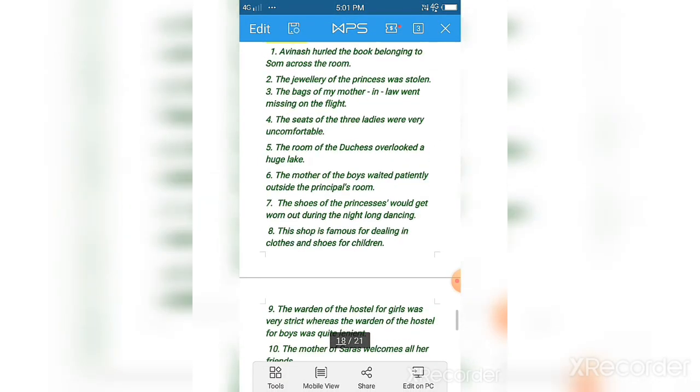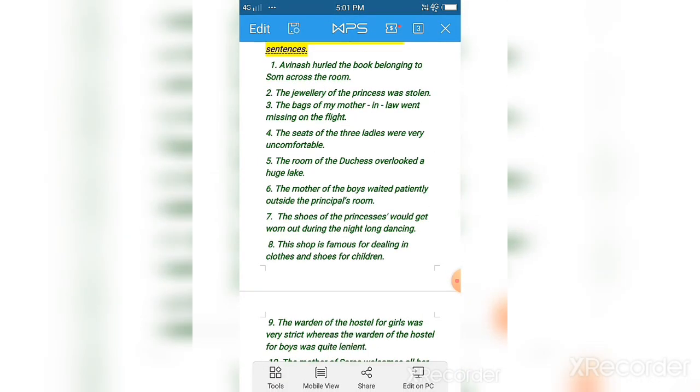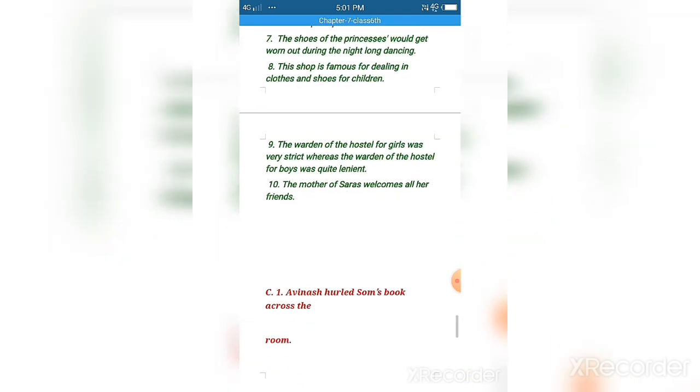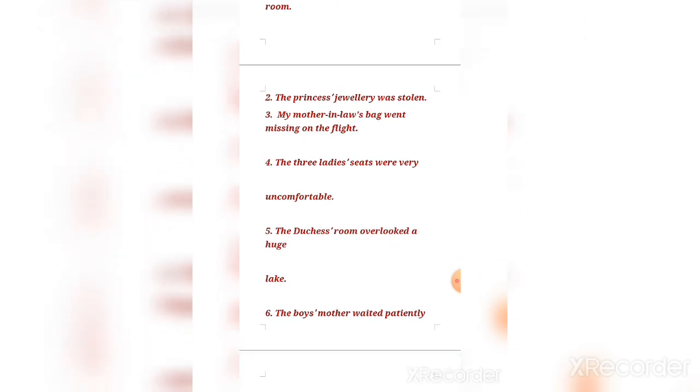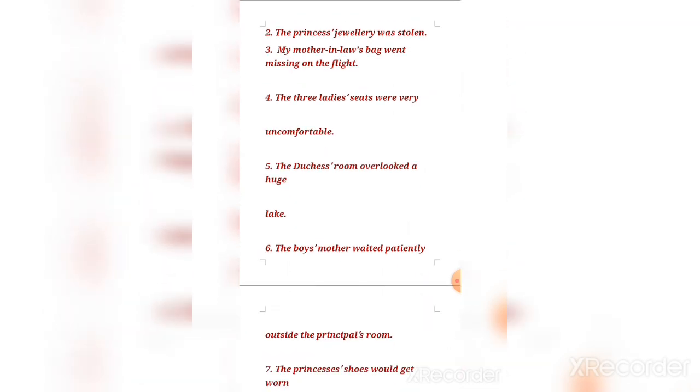Number 4, the seats of the 3 ladies were very uncomfortable. Answer is the 3 ladies' seats were very uncomfortable. Number 5, the mother of the boy waited patiently outside the principal's room. Answer 5. The boy's mother waited patiently outside the principal's room.